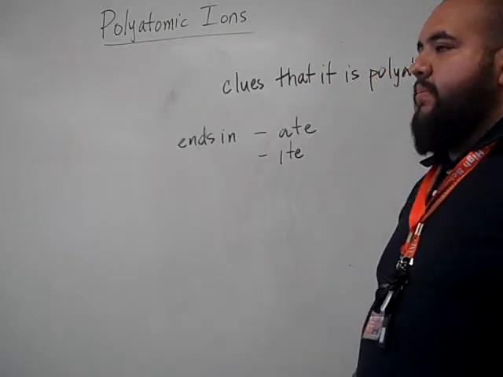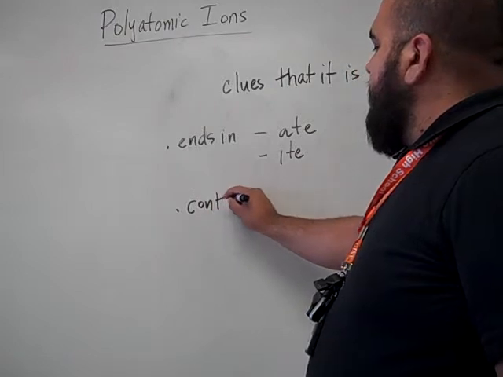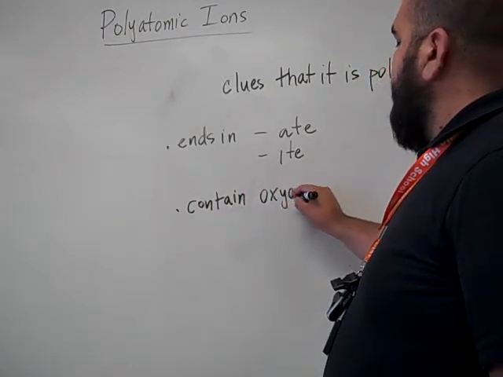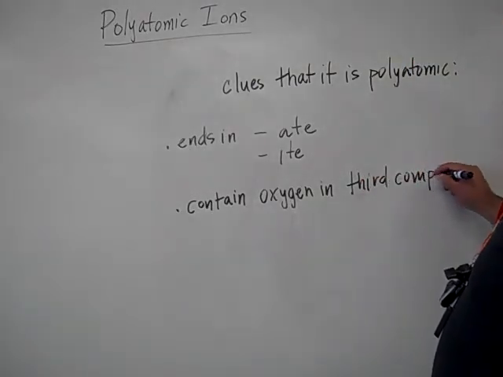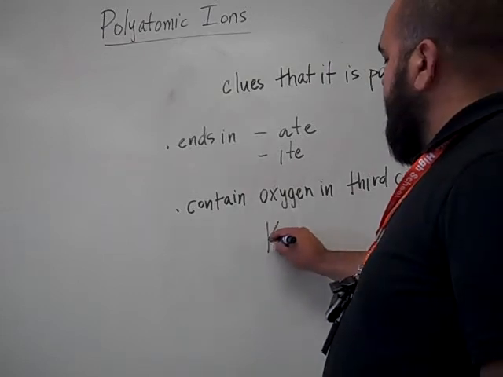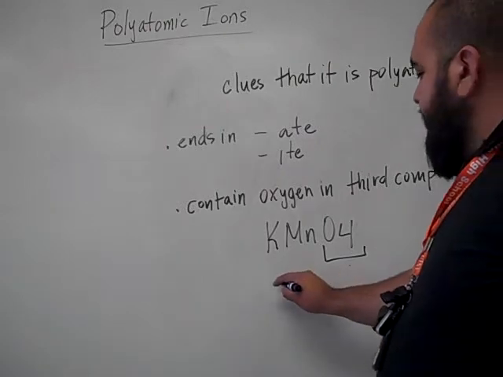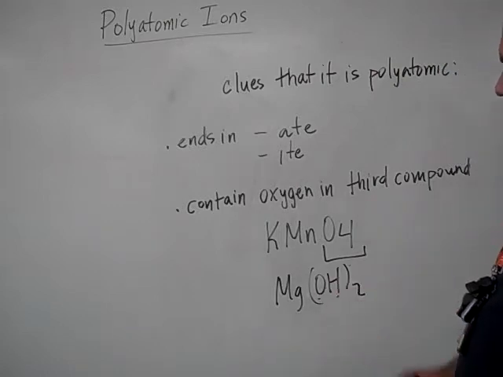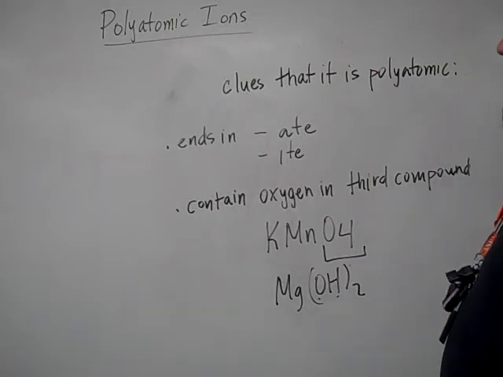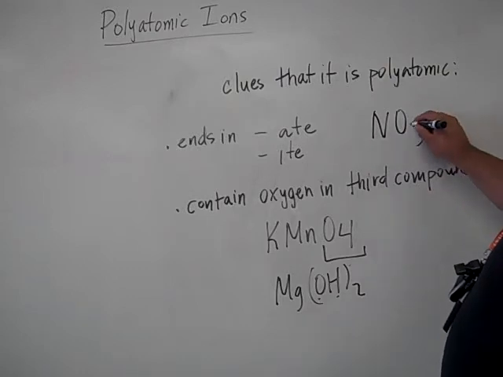Some of them also contain oxygen in the compound. So what I mean is like KMnO4, this is your ternary compound, or Mg(OH)2. This is your ternary compound, but you see O right there too. Other things, basically subscripts. These guys right here.